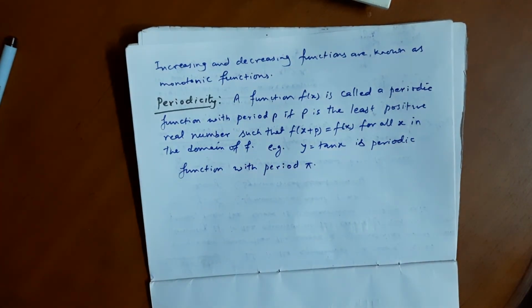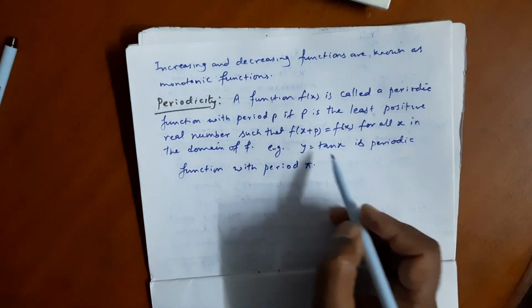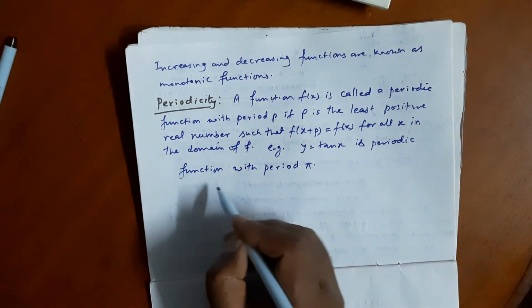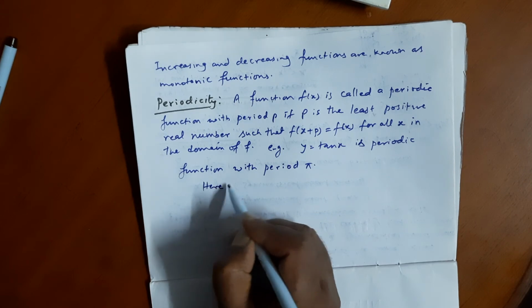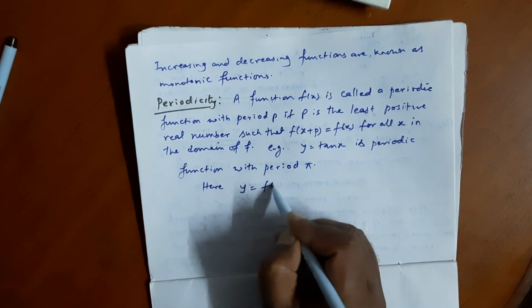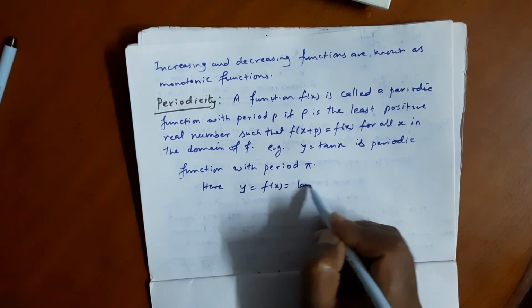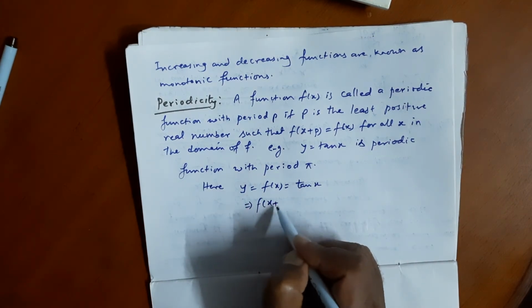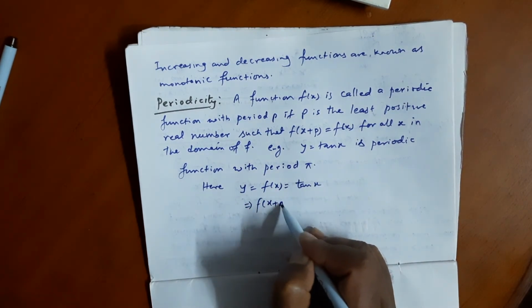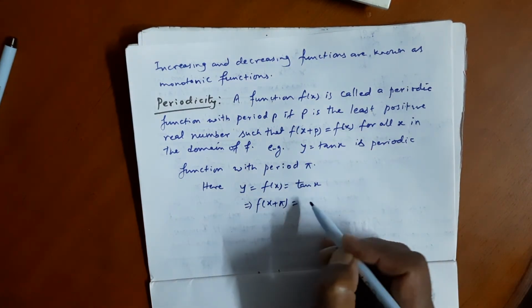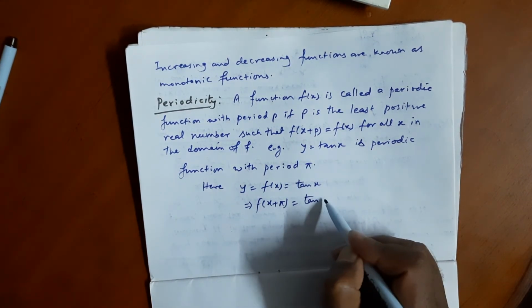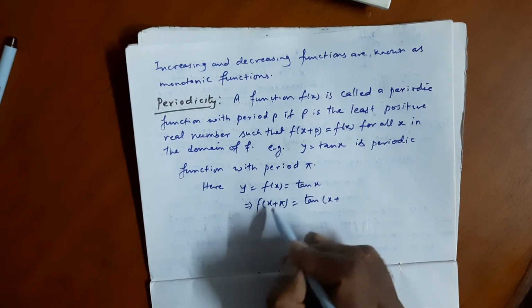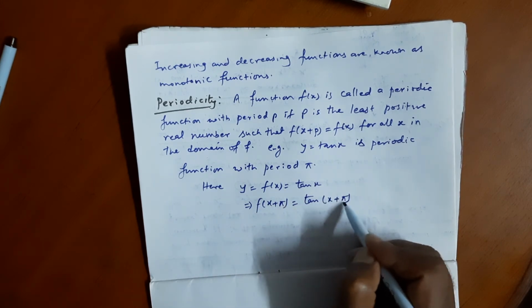Let us see according to our definition. Here y equals f(x) equals tan x, so f(x plus p), let us put pi in place of p, and then it will be tan of (x plus pi).